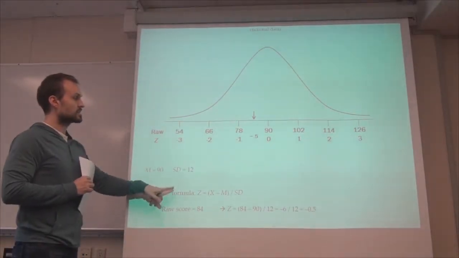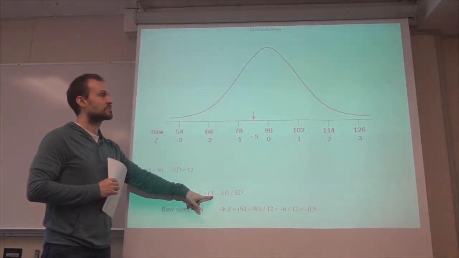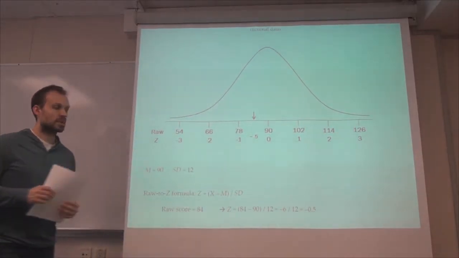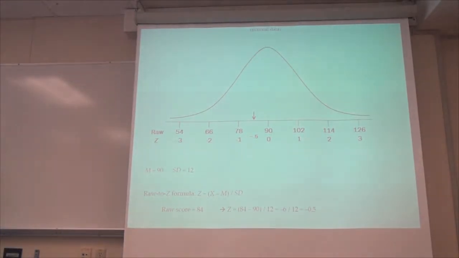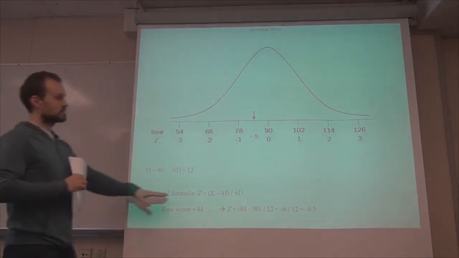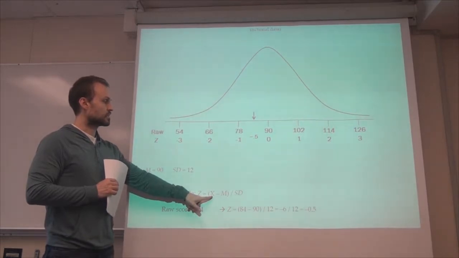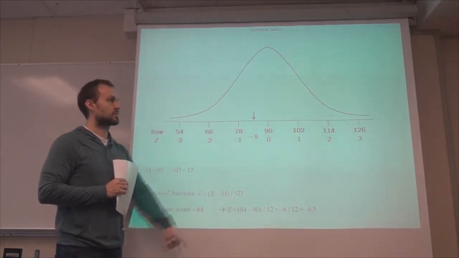So given the mean and standard deviation and a specific score, how do I calculate its z-score, indicating where it actually sits in the distribution? This is how I take the difference between the score and the mean and divide by the standard deviation.